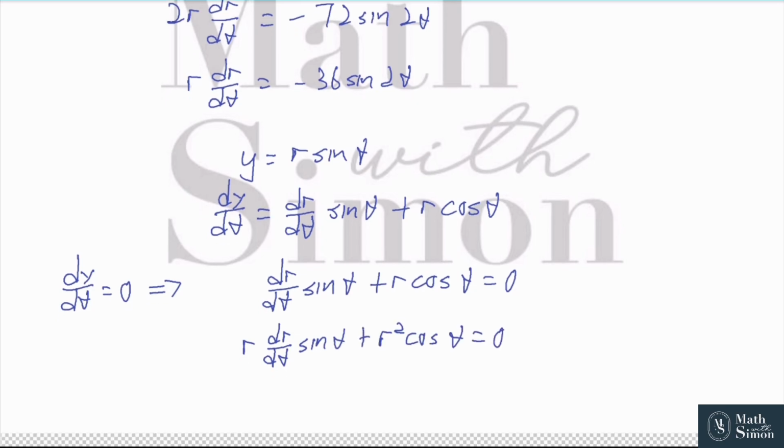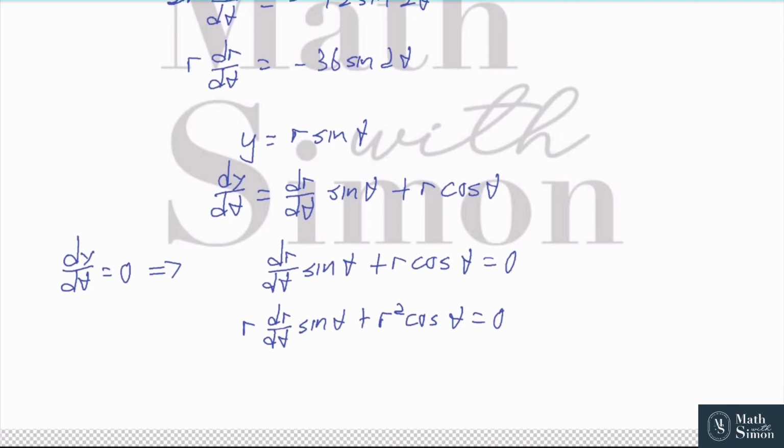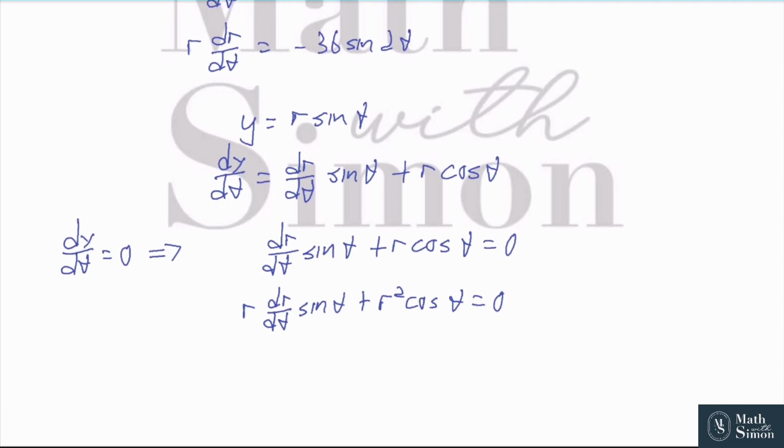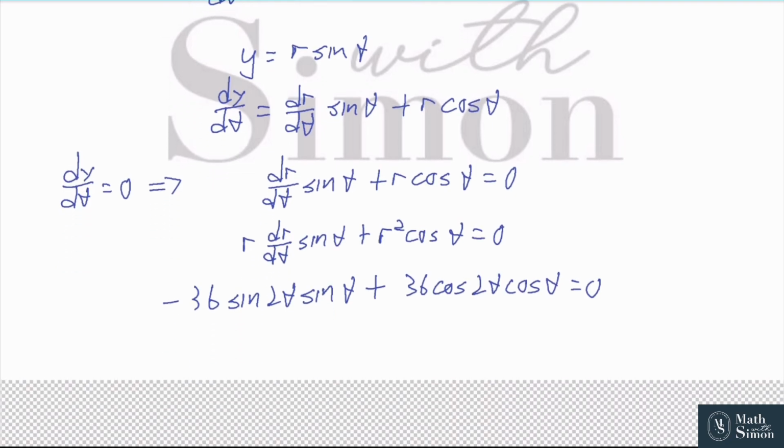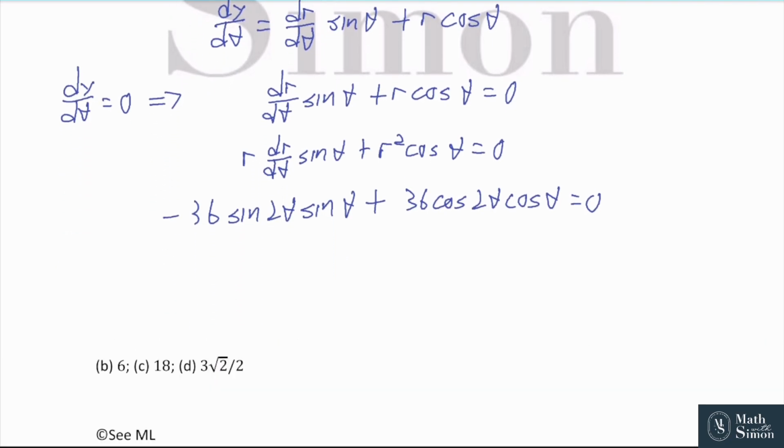Then we can substitute what we have for the r dr d theta at the top of this page here. So this is what we have. R square is 36 cos 2 theta, cos theta equals 0. Since it equals 0, we can just cancel out the 36 and do a little bit of rearranging.